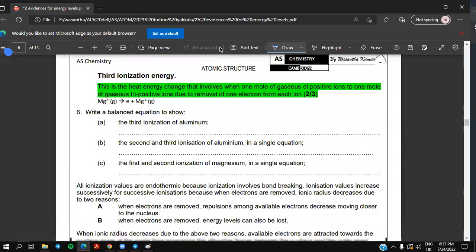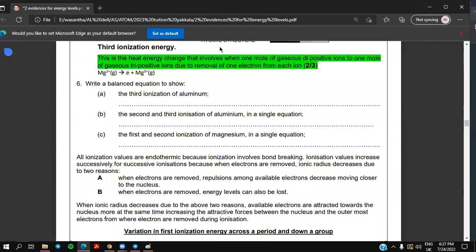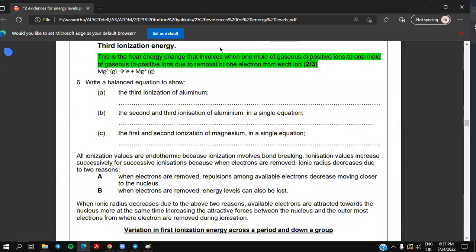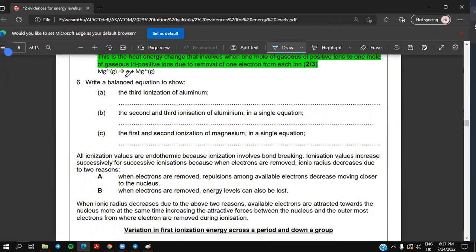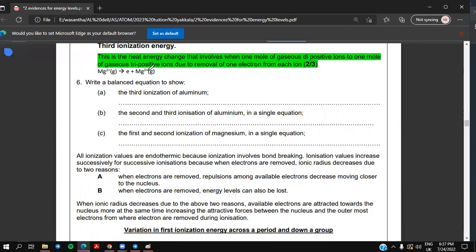This is a heat energy change that involves when you remove 1 mole of electrons from 1 mole of gaseous dipositive ions to form 1 mole of gaseous tripositive ions due to removal of 1 mole of electrons or 1 electron from each ion. Example is given. Mg2 plus gas giving 1 electron and Mg3 plus gas.